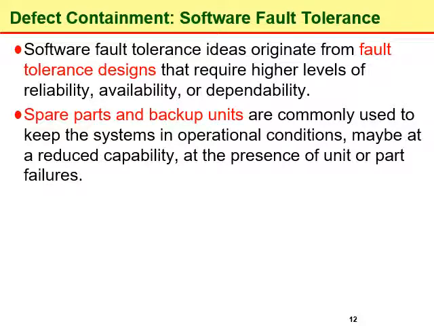Software fault tolerance ideas originate from fault tolerance designs in traditional hardware systems that require high levels of reliability, availability, or dependability. In such systems, spare parts and backup units are commonly used to keep the systems in operational conditions, maybe at a reduced capability.